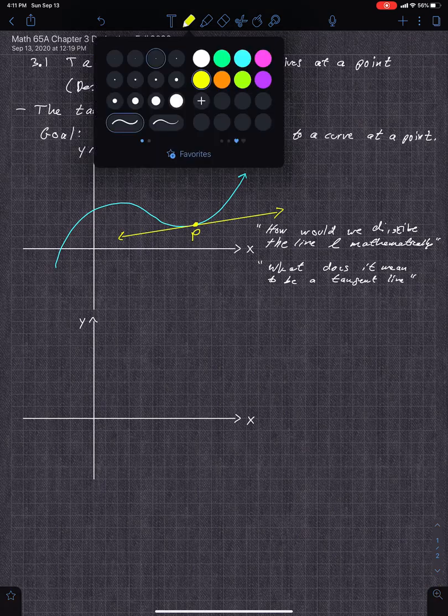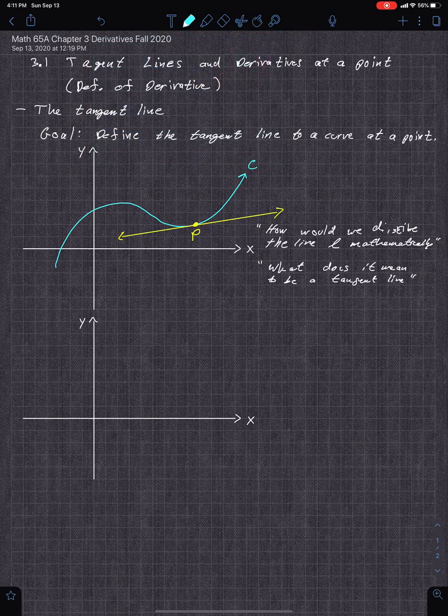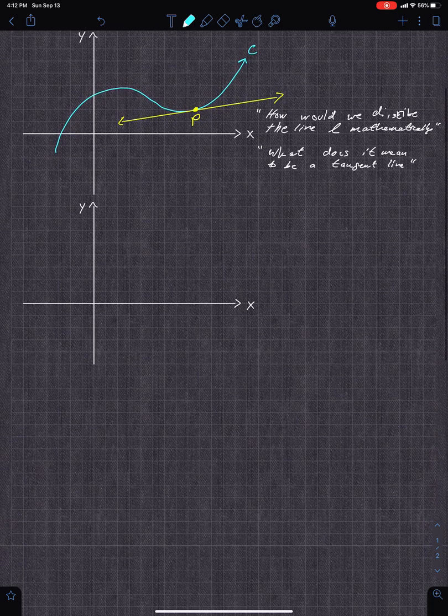This is our curve C. We can talk about that in words, but you have to have a way to describe it with mathematical terms. The other way of asking the question is, what does it mean to be a tangent line? Again, we can say it, but we have to define it mathematically. That's what we're going to do in this section.